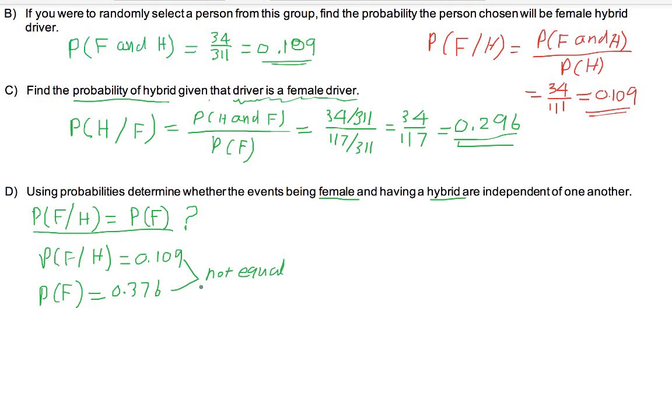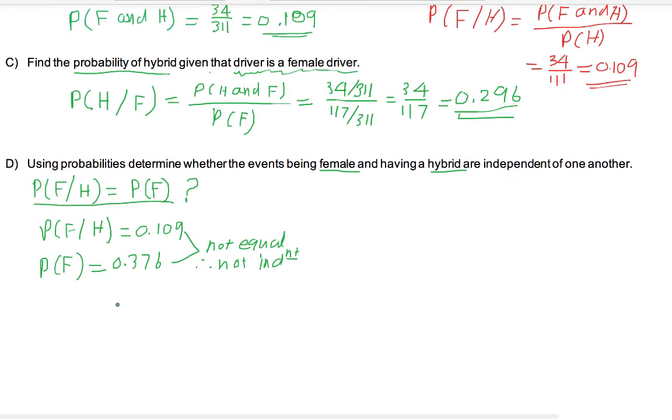That means therefore these are not independent. They are not independent. Or you can say these are dependent. So I say not independent. That is the one equation we can use.